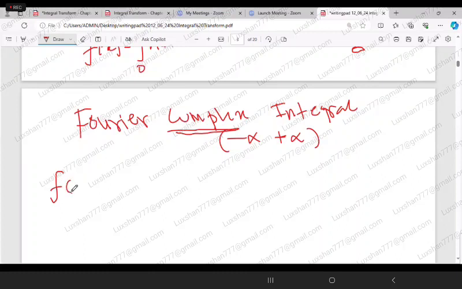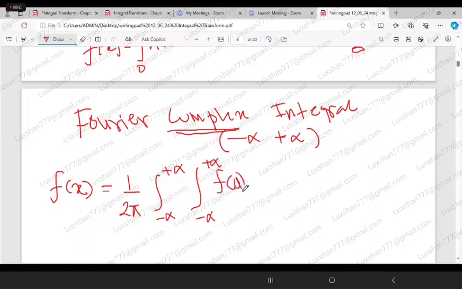How is it defined? f(x) is defined as 1 over 2 pi, integration minus infinity to plus infinity, minus infinity to plus infinity, f(u) into e to the power i(u minus x) omega du d omega.